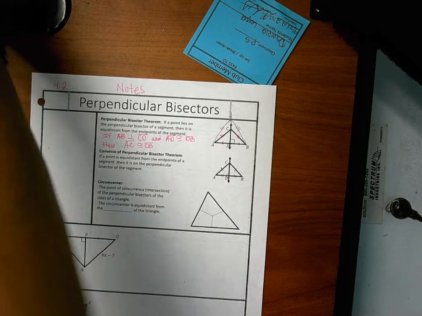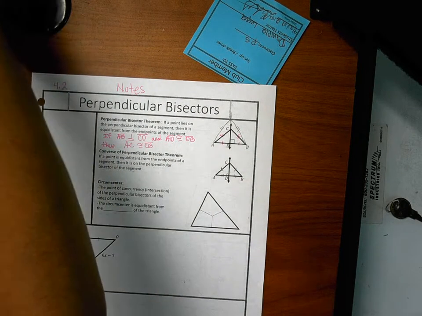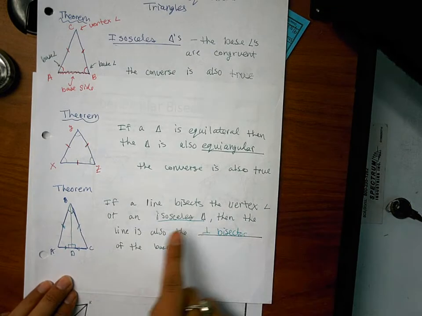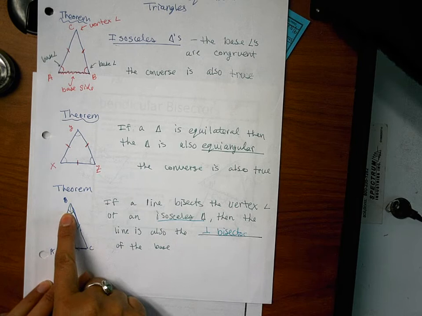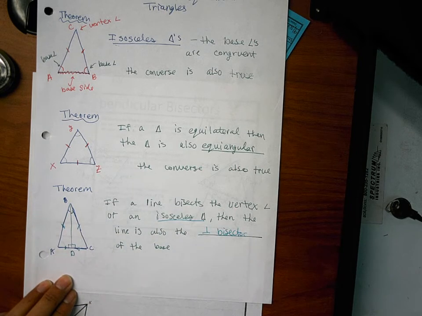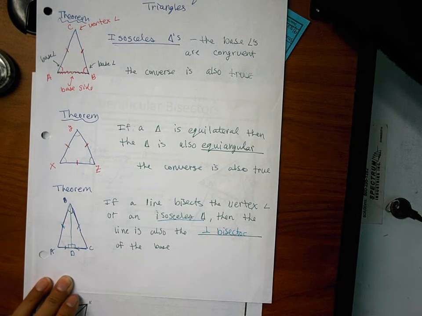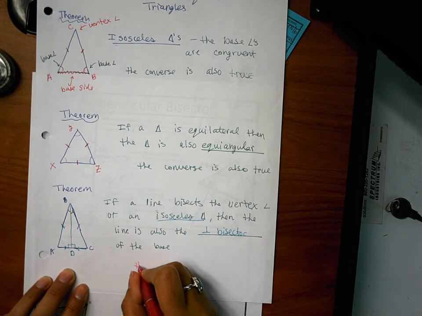Okay, a really quick side note, remember we talked about isosceles triangles. Do you see the isosceles triangles here? It was a theorem we had on lesson 3.5 that stated if a line bisects the vertex angle of an isosceles triangle, then the line is also the perpendicular bisector of the base.